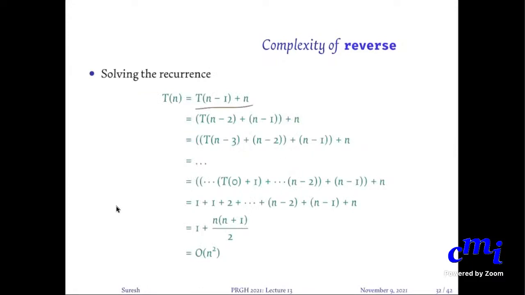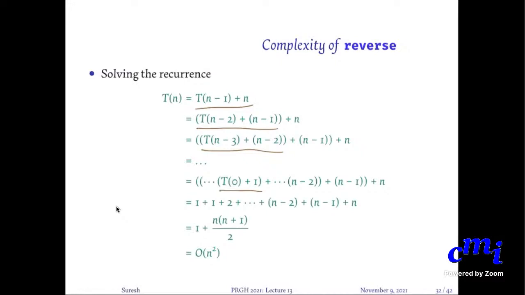But what is t of n minus 1? That is nothing but t of n minus 2 plus n minus 1. That itself is t of n minus 3 plus n minus 2. If you keep on doing it, you will eventually go all the way till t of 0 plus 1. When you do it, you will have all the values: n minus 2 plus n minus 1 plus n. Eventually, you will have 1 plus whatever, all the way till n.